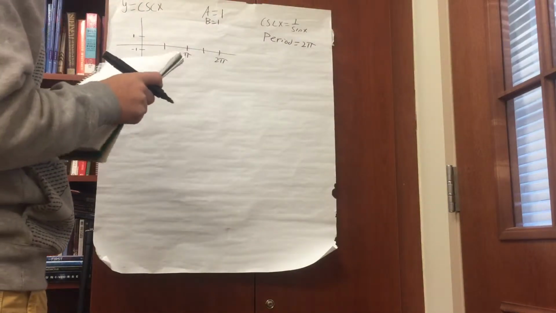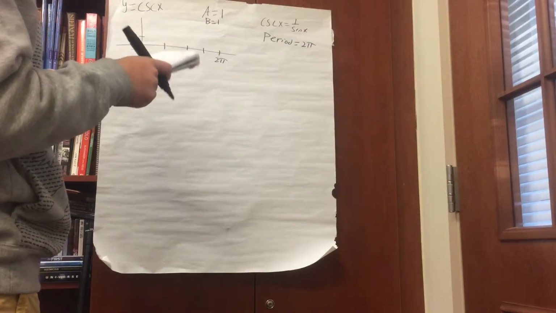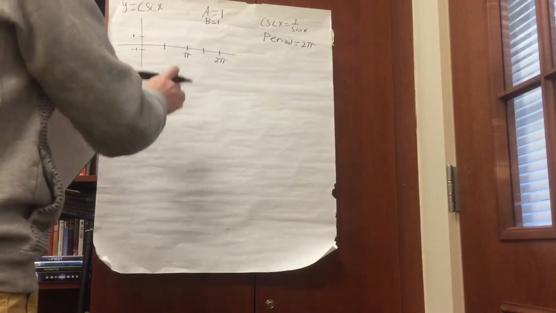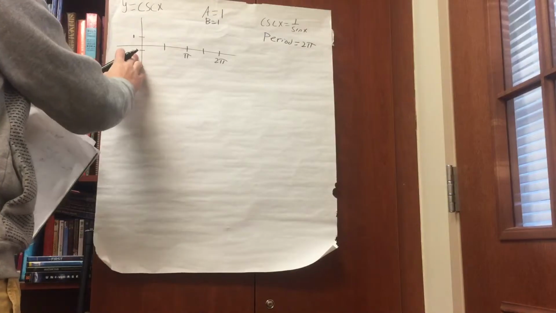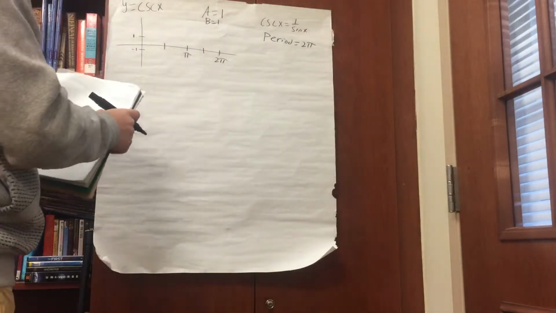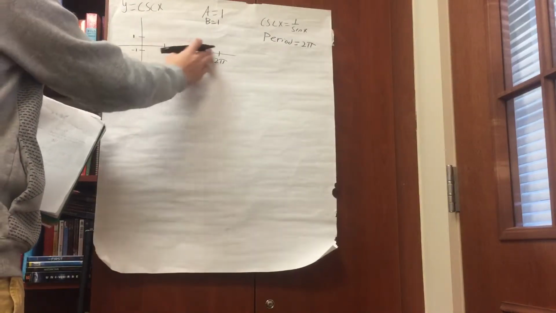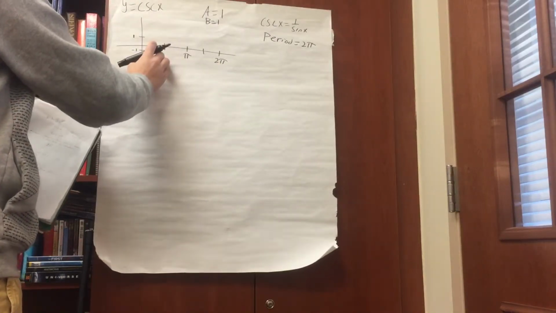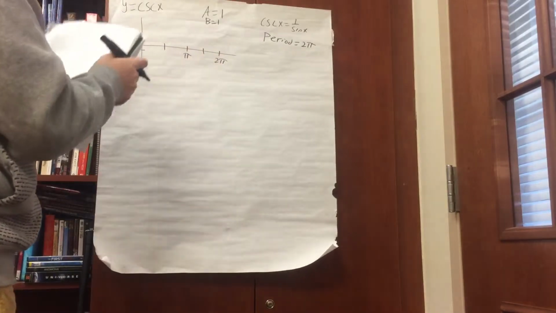The period is going to be 2 pi, and to start graphing this, we put our amplitude, which is 1, so 1 and negative 1. And then the next thing we do is put down the graph. So we have pi and 2 pi.